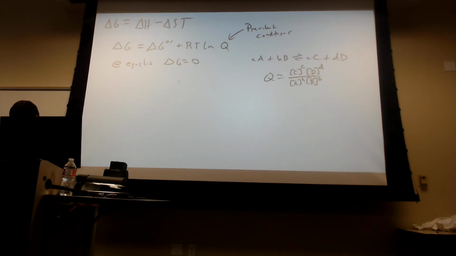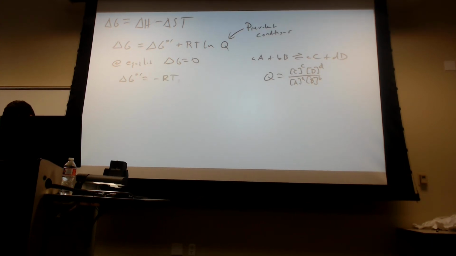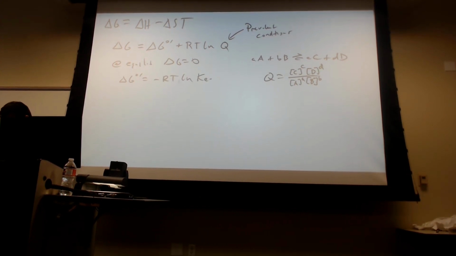So we get this equation: delta G naught prime equals minus RT ln of the equilibrium constant Keq. So if I provide a Keq, you could calculate the Gibbs free energy under standard conditions. And if I gave you a chemical reaction with the conditions, you could plug that into this equation and tell me whether it's exergonic or endergonic.